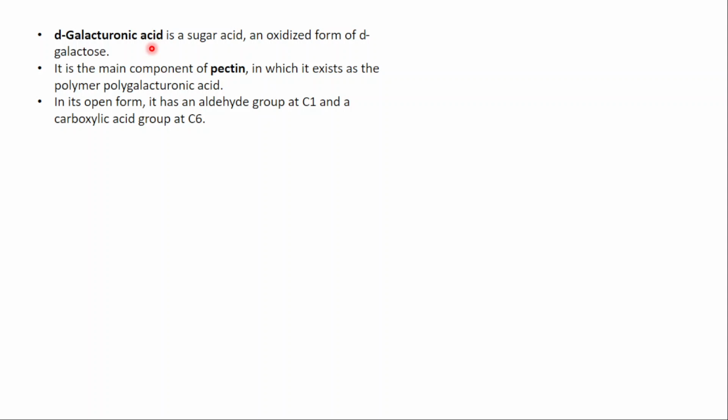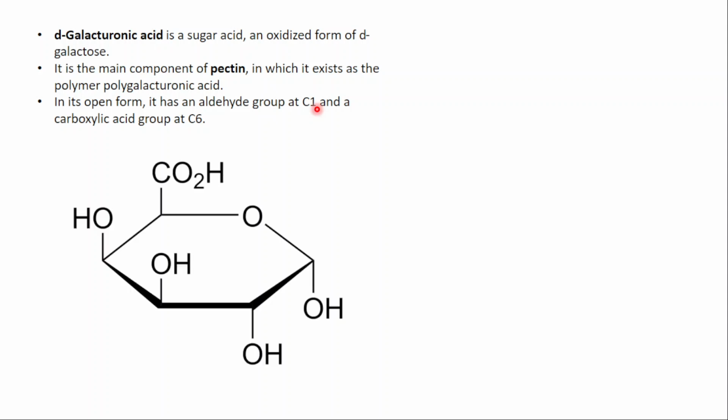In its open form, so now we are talking about one galacturonic acid unit, it has an aldehyde group at C1 and a carboxylic acid group at C6. So this is the structure of D-galacturonic acid.